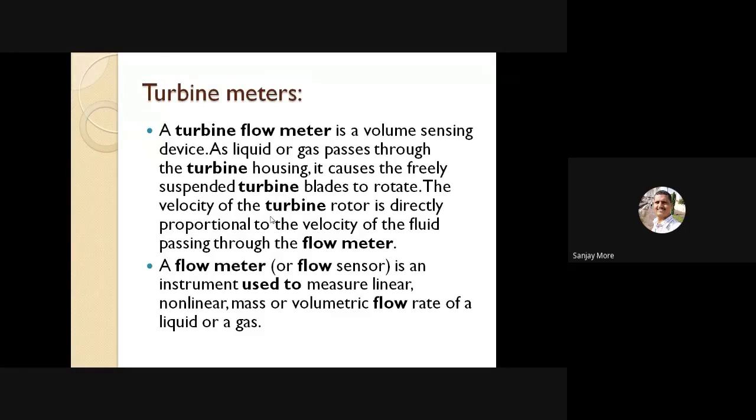Flow meters, also flow sensors, are used to measure the rate of flow of fluid. A turbine meter is a volume sensing device, meaning liquid or gas passes through the turbine housing. It causes the freely suspended turbine blades to rotate. The velocity of the turbine rotor is directly proportional to the velocity of fluid passing through the flow meter.